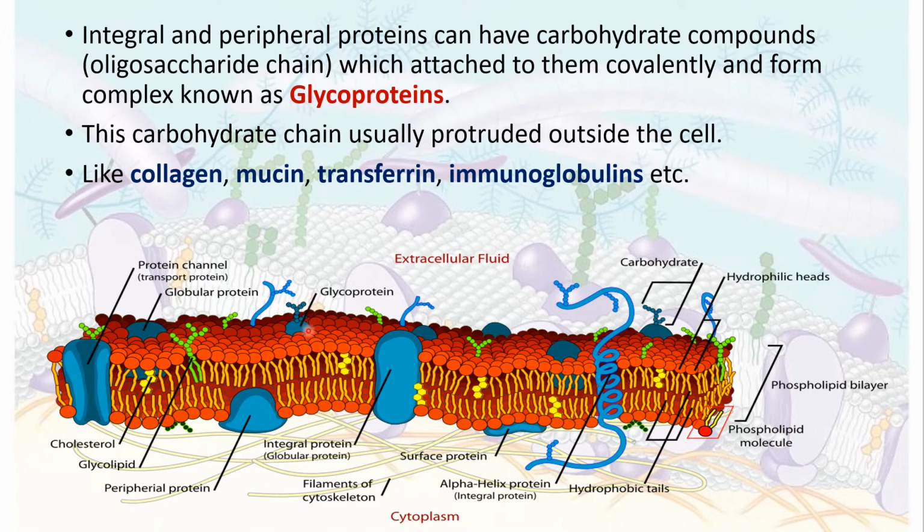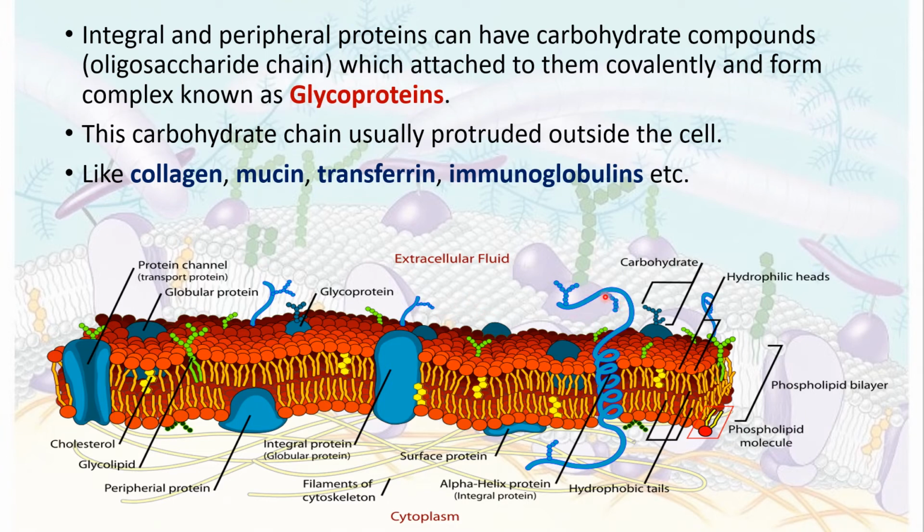Such a carbohydrate and protein complex is known as glycoprotein. This is the complex which forms from the oligosaccharide chain and a protein. This carbohydrate chain usually protrudes outside the cell.